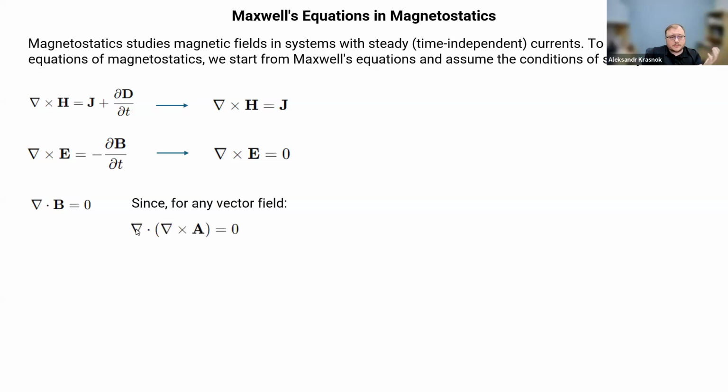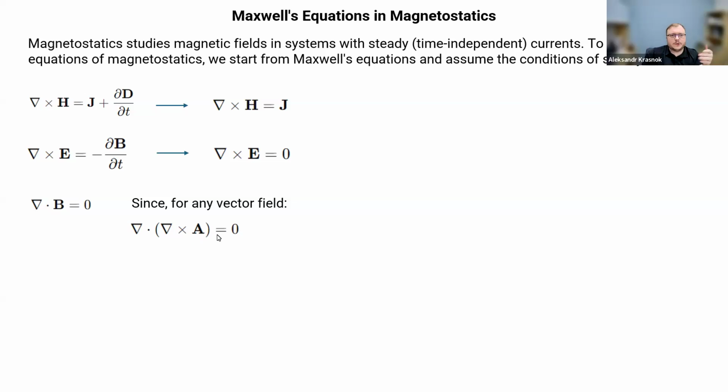At the same time, the fact that the divergence of the magnetic field is 0 allows us to write the magnetic field as a curl of some other field, because the divergence of a curl is always equal to 0. This is true for any system in general.